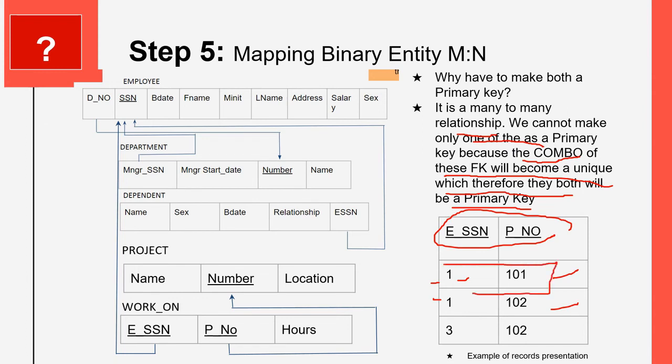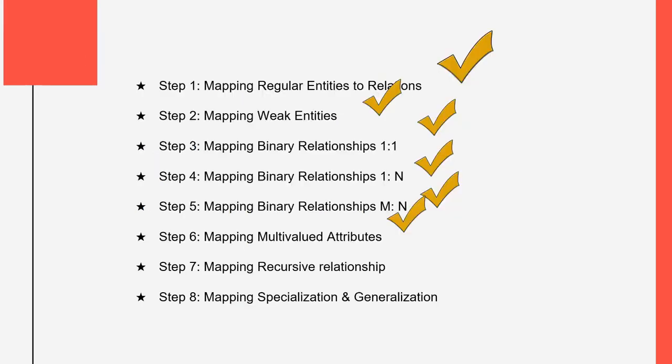So this will be a unique set of primary key. That's why we put an underline on these foreign keys to make it a combo primary key. Okay, that's we are done with all those relationships: one to one, one to many, many to many.